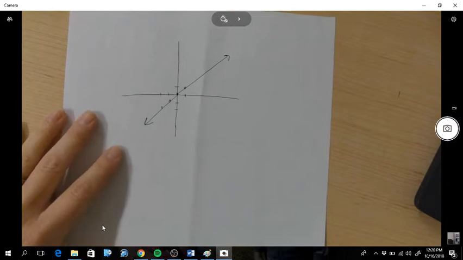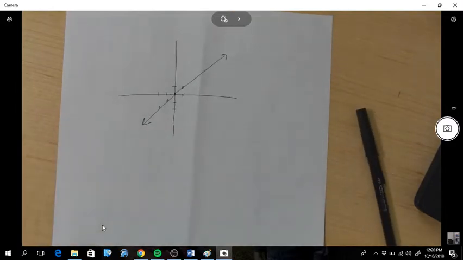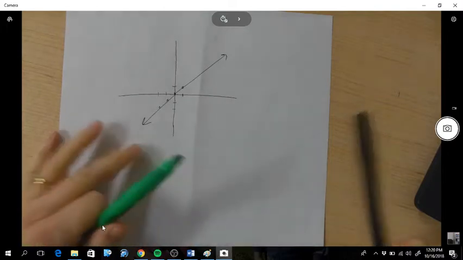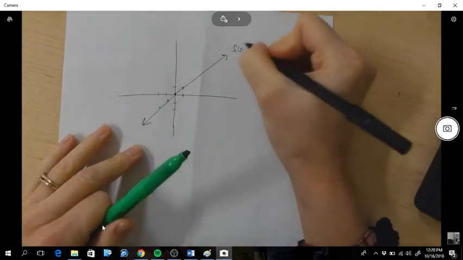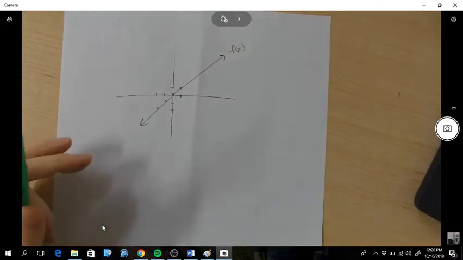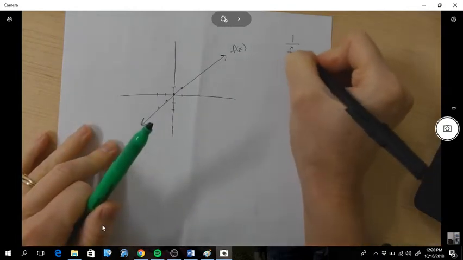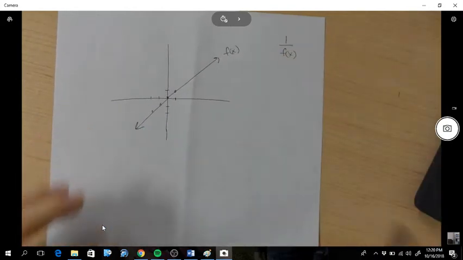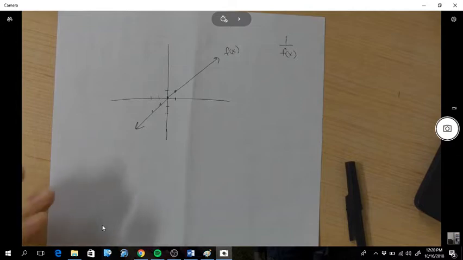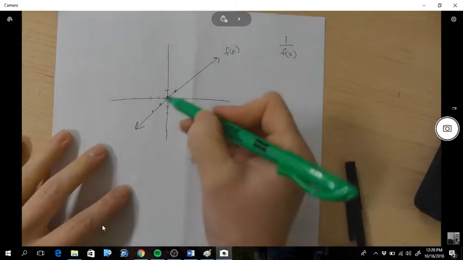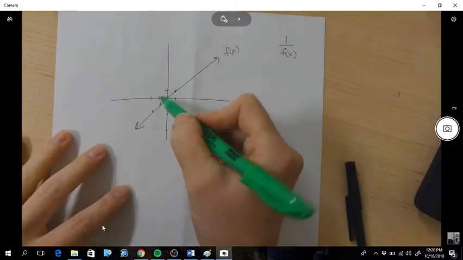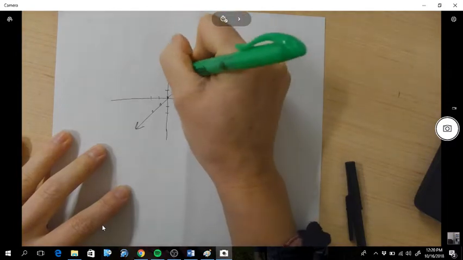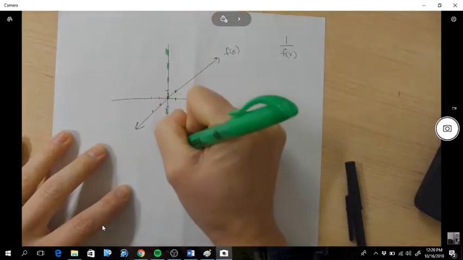The green is going to be my new graph. So this is f of x. And then we're going to draw 1/f of x, which means the reciprocal. Okay, so 0 is where I start. Here's where I see a height of 0. So now I'm going to draw an asymptote.